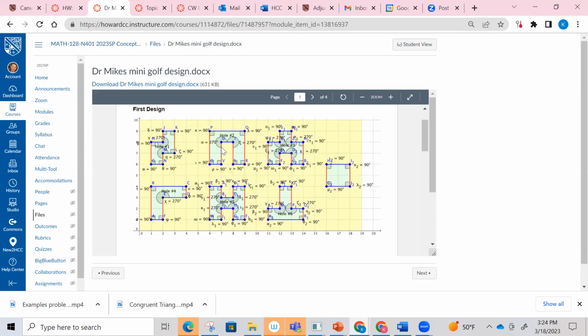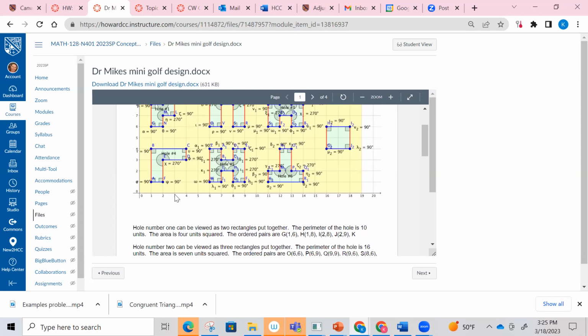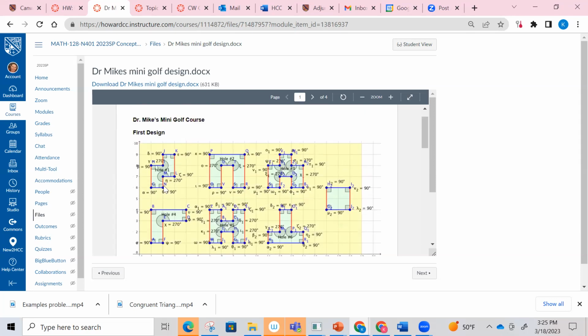So you have to say how each of these holes are created, what different shapes create those holes, whether rectangles or squares, or you can do triangles and other ones, but I would make your holes simple because it makes it easier to do this project. Then you need to say the perimeter of the hole, the area of the hole, and give the ordered pairs of all the corners of the holes as well as where the hole is located.